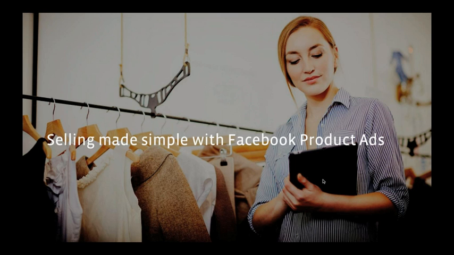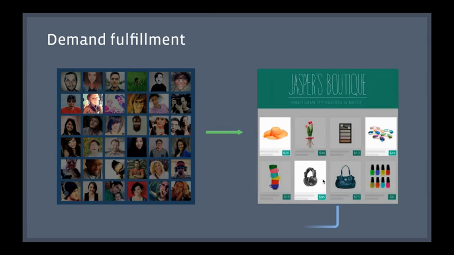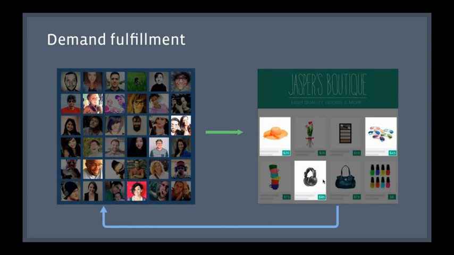With that being said, the Facebook product ads were really made for two goals. The first is demand generation. So how do you put the right products in front of the right consumers and ensure that they're interested in your products and your brand? And the second is demand fulfillment. So once a user has shown intent, how do we make sure that we're making it as easy and streamlined as possible to show that relevant product to the relevant user?